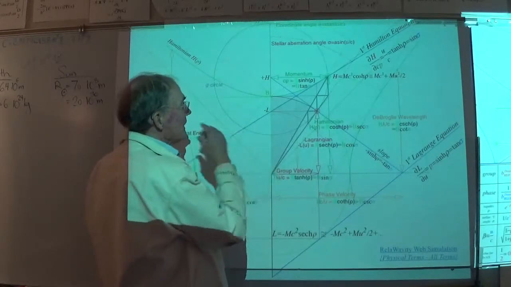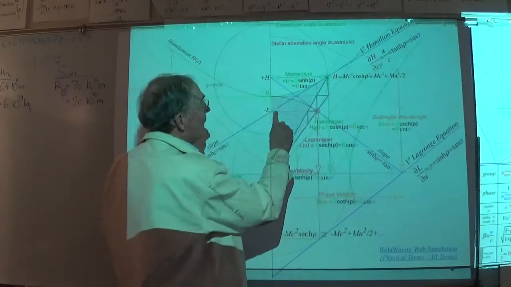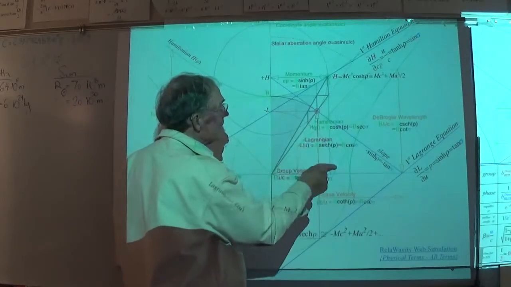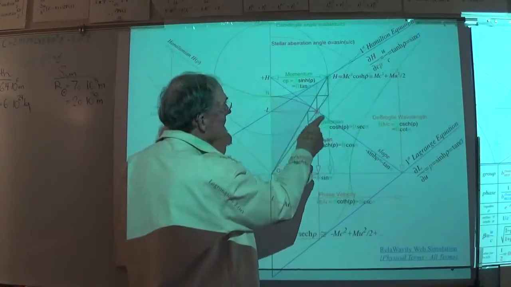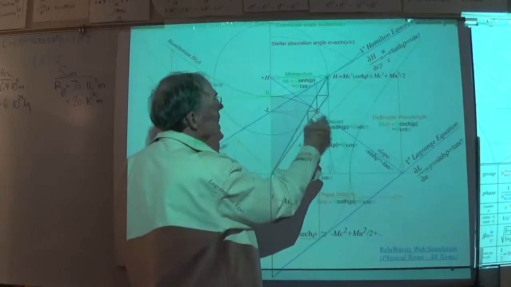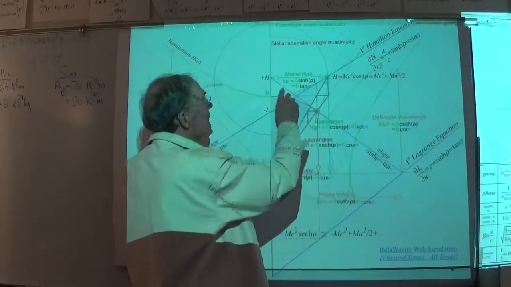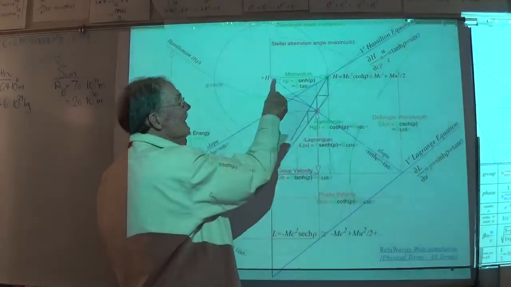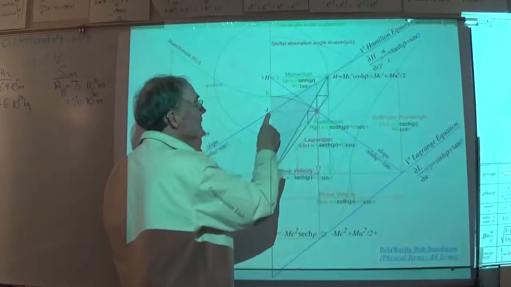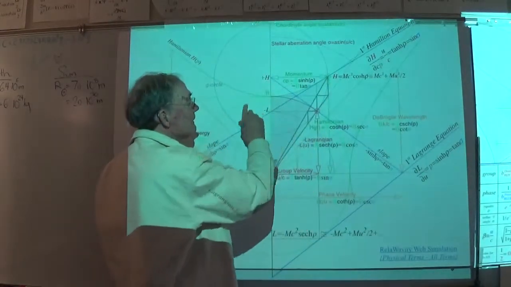And then it's on this curve right here, the Lagrangian part of this thing also has a tangent, which marks off as an intercept the Hamiltonian, and you're back again. So around and round you go right there.